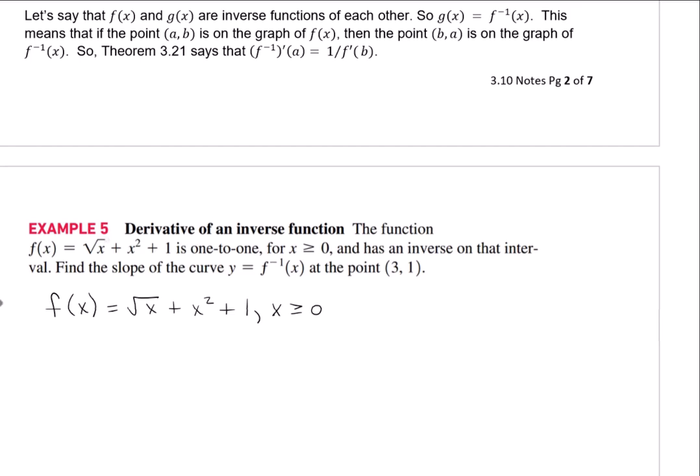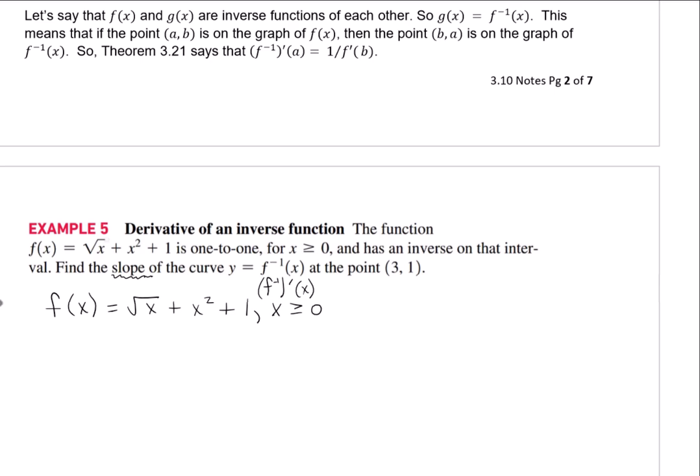Theorem 3.21 says that f inverse prime of a is going to be equal to 1 over f prime of b. Well, that is what we're being asked to find here. They're asking us to find the slope of the curve, which means f inverse prime of x.